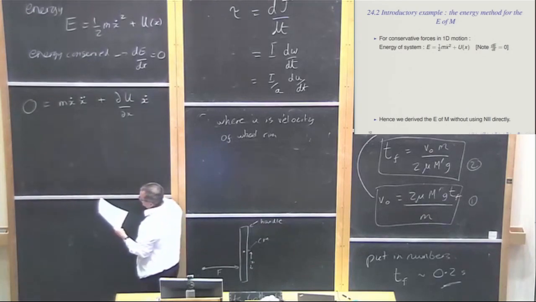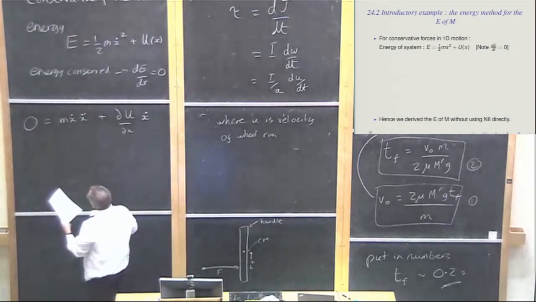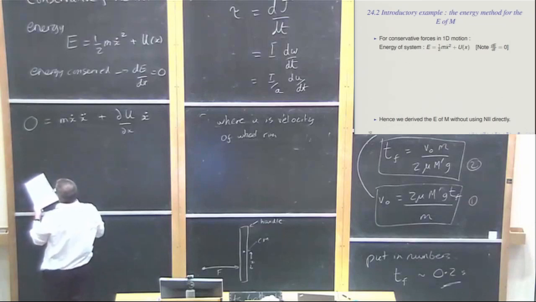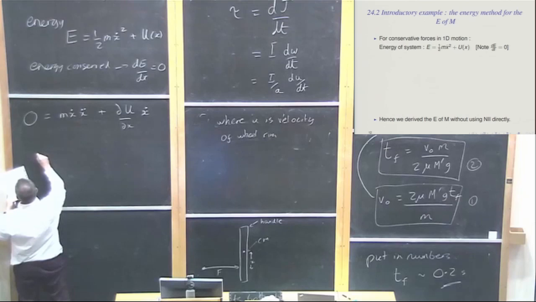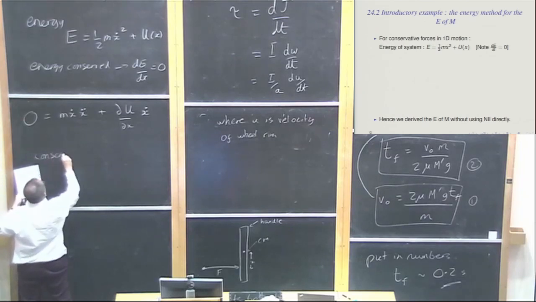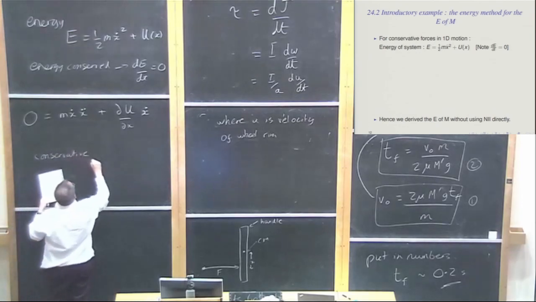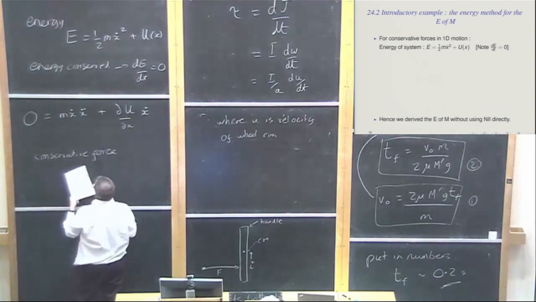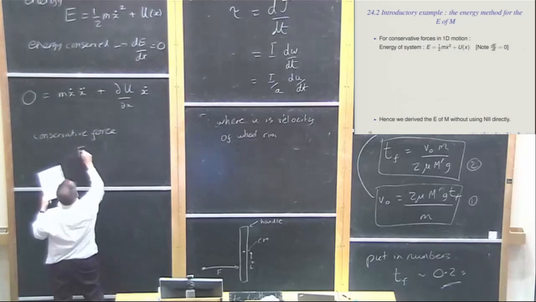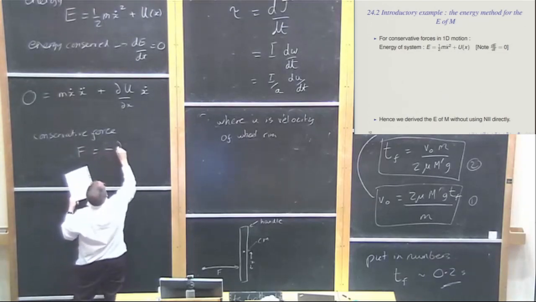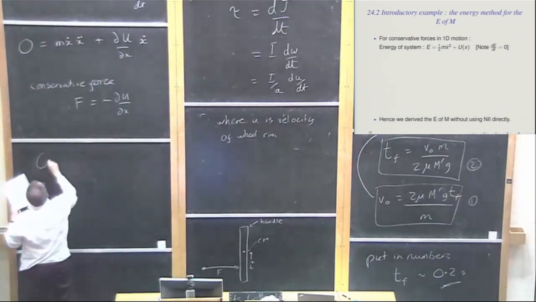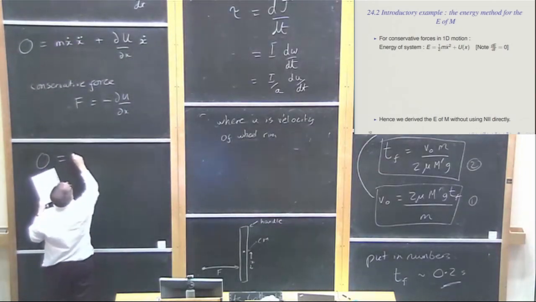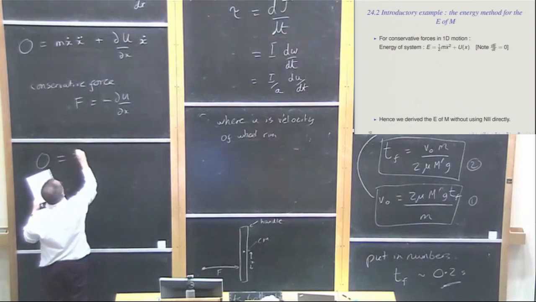Now we know it's a conservative force, so F is going to be given by minus dU by dx. So what we have is that 0 equals, we have x dots everywhere, so let's take that out.